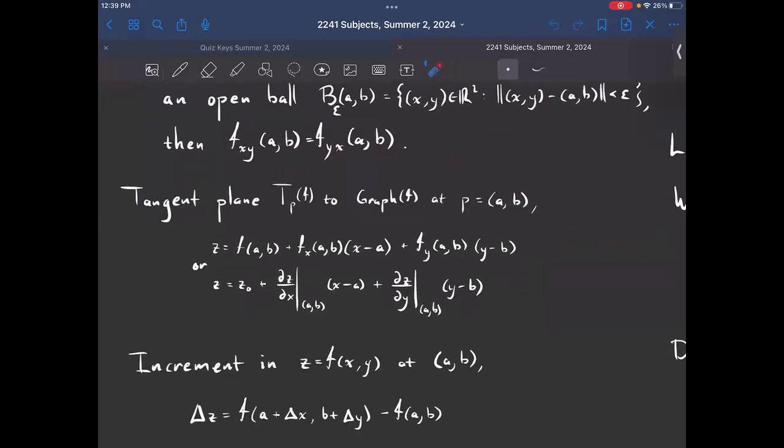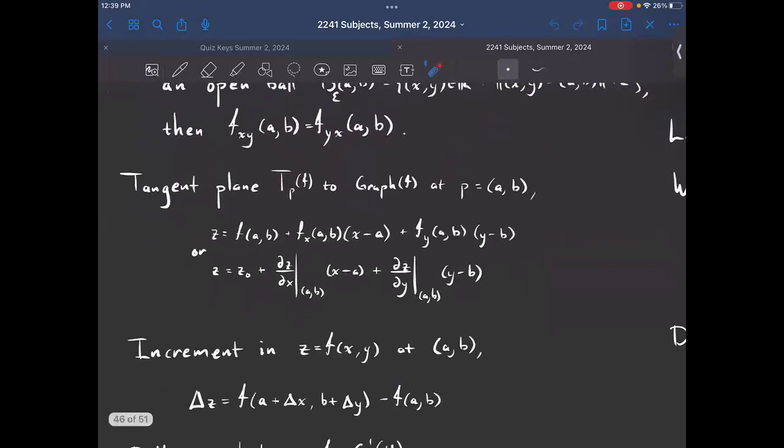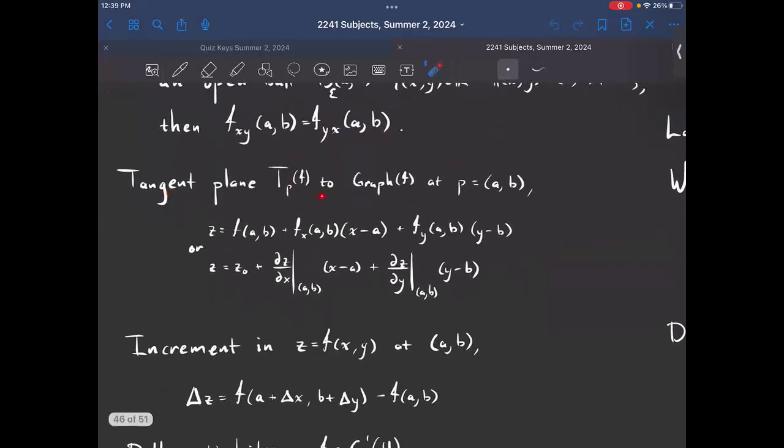This is kind of a neat concept. It gets used a lot in differential geometry. The tangent plane to the graph of f at a point is given by this equation. So we have the output variable z equals the value of the function.